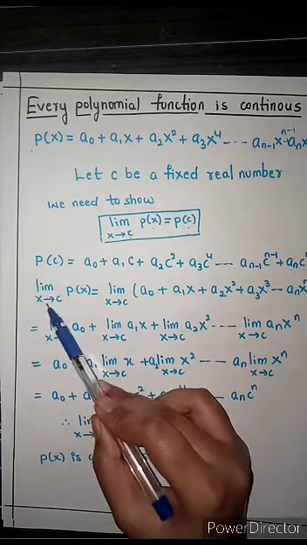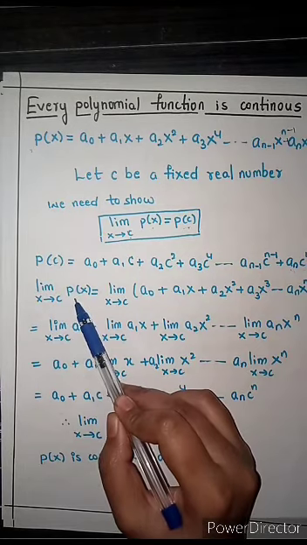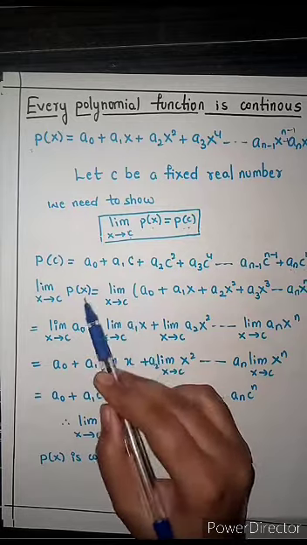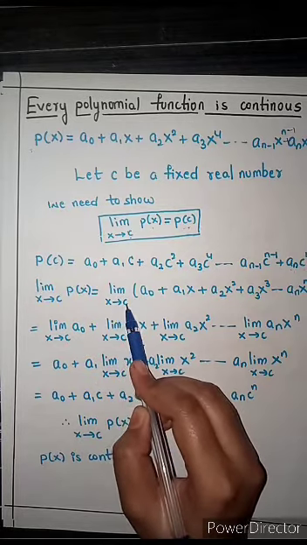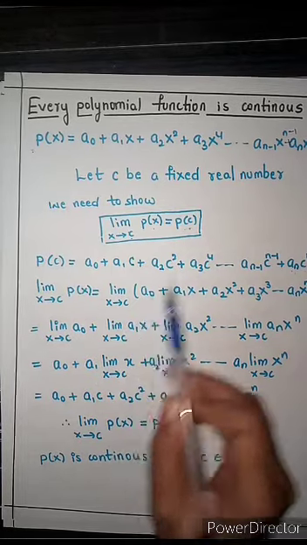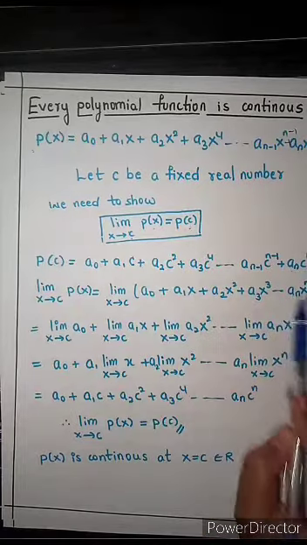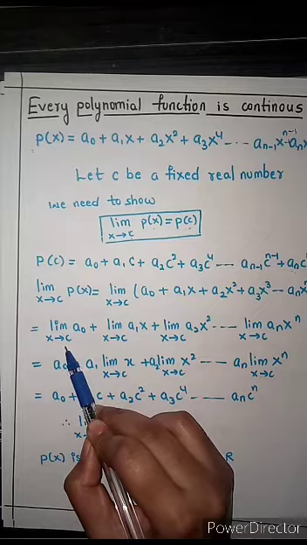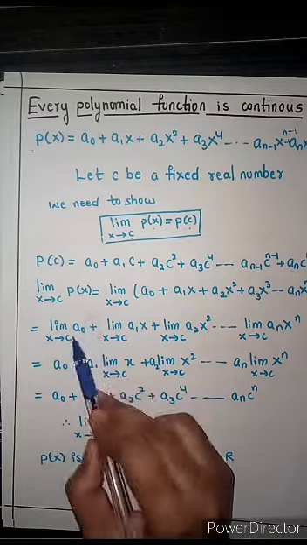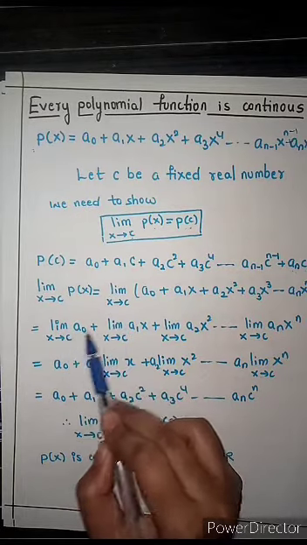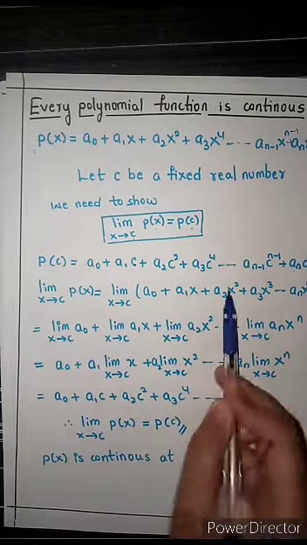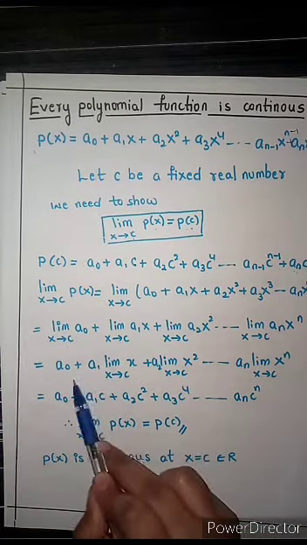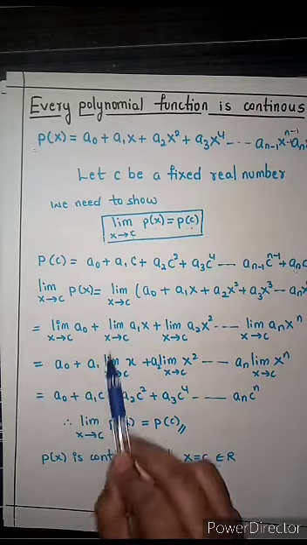Now let's take the limit. Limit x tends to c, p of x, as we know, p of x. So substitute p of x after the limit tends to c. As we know, by limit property we can separate the limit. We write each term separately, then take the constants out.